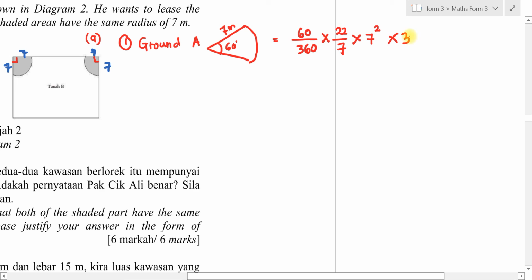We multiply 3, we got 3 areas. Okay. Now, how much is this? We calculate first. Okay. 60 times 22 times 7 square times 3 divided by 360 times 7. So I'm getting here 77. Okay. I'm getting here 77.